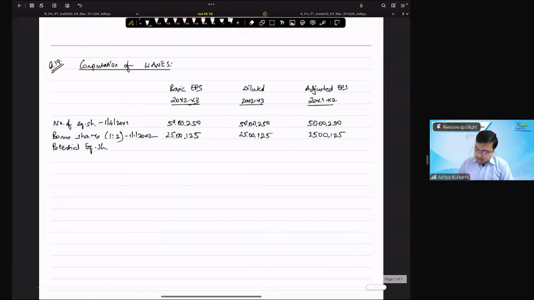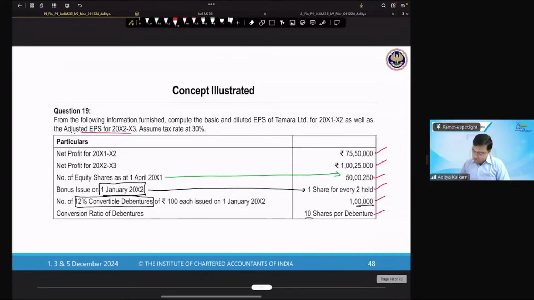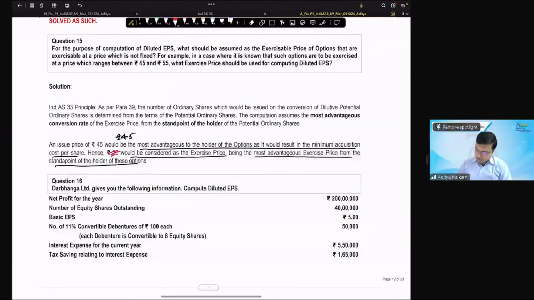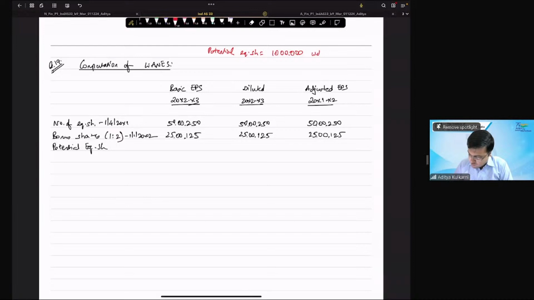Okay. So I'll just write here potential equity shares is equal to 10 lakh. And when is this issued? 1st January 20x2, with effect from 1st January 20x2. Is it okay? All right.